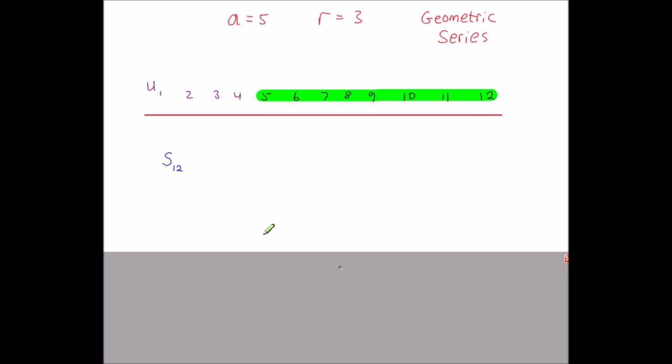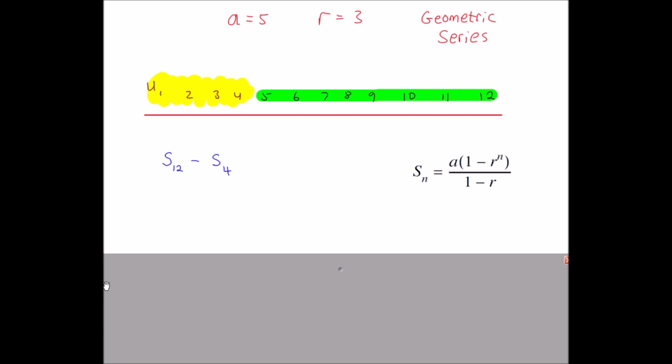And from there you can easily tell, oh, we don't want the first 4. So we work out the sum of the first 12 terms using this formula, and from that we subtract the sum of the first 4 terms. So we get rid of these, and we're left with the sum of all of these terms, highlighted in green.